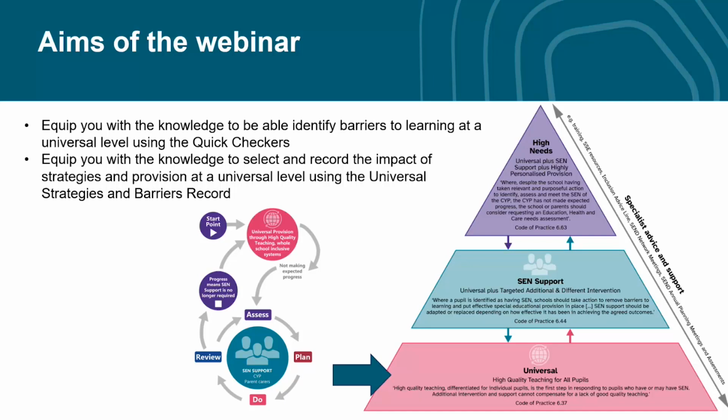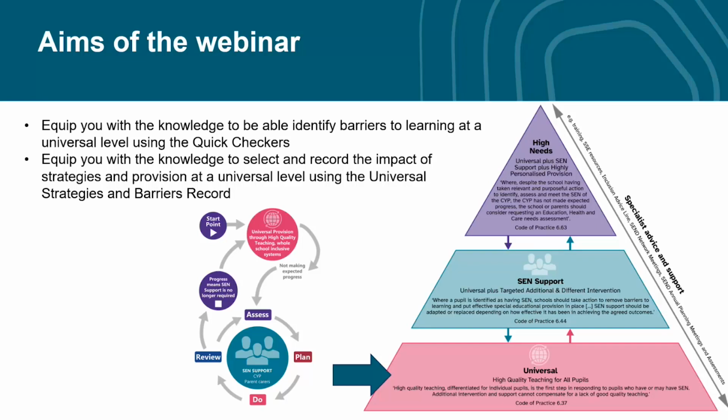So the aims of this webinar are to provide you with the tools needed for that early identification of need, to ensure that the right support happens at the right time, starting with universal assessment and provision, which would then inform assess, plan, do, review processes and cycles. The assessment documents that we're going to share with you today can be completed by anyone involved in a child or young person's education, for example, a class teacher, parent carer, teaching assistant, or social worker, amongst others.